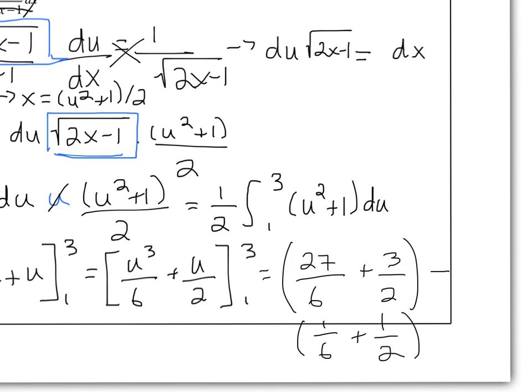This is looking awfully familiar now, isn't it? 27 over 6 reduces to, again, 9 over 2. So I still am going to get 12/2, which is 6, minus, what did we say 1/6 plus 1/2 was? That worked out to be 2/3. Again, if that arithmetic is correct, we get 5 1/3, which, happy day, is the same thing that we got before.